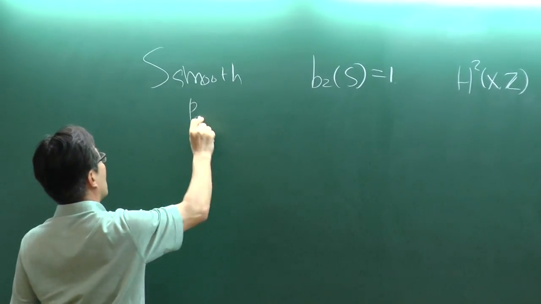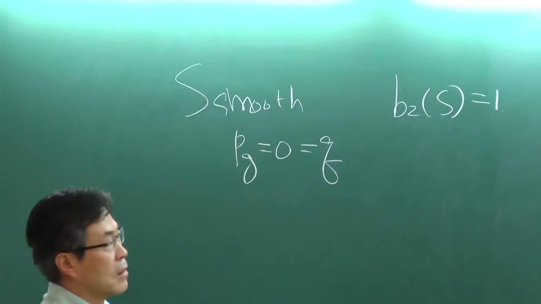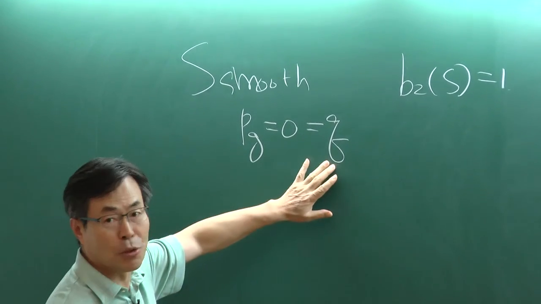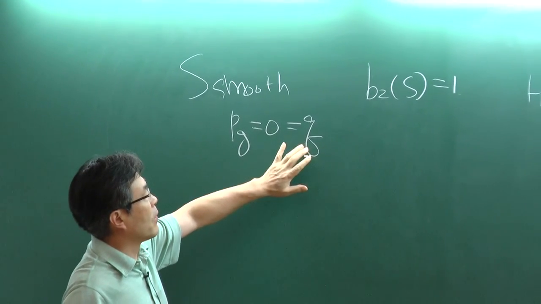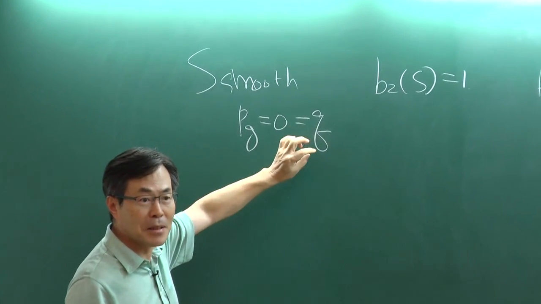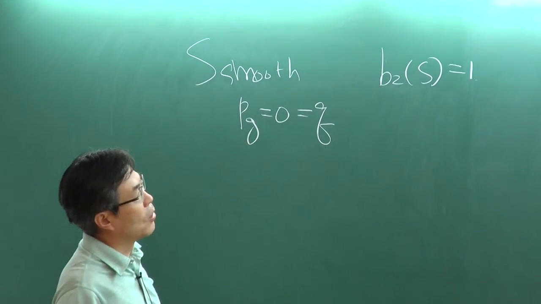So the second Betti number is 1 and the first Betti number is 0, so the irregularity should be 0. Yeah, I'm following the notation used by Professor Mendes Lopes yesterday, and the geometric genus is also 0.